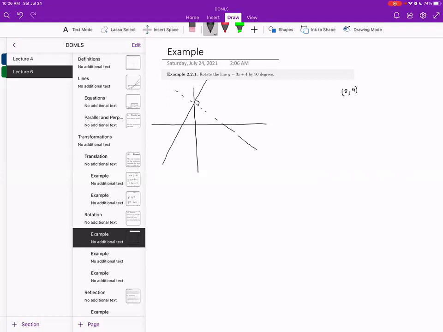So our new slope is going to be the negative reciprocal of the original slope, so negative 1/3. And it's going to pass through 0, 4, so we already know the y-intercept. So our new line is just going to be negative 1/3 x plus 4. That would be the result when we rotate y equals 3x plus 4 by 90 degrees through this point 0, 4.